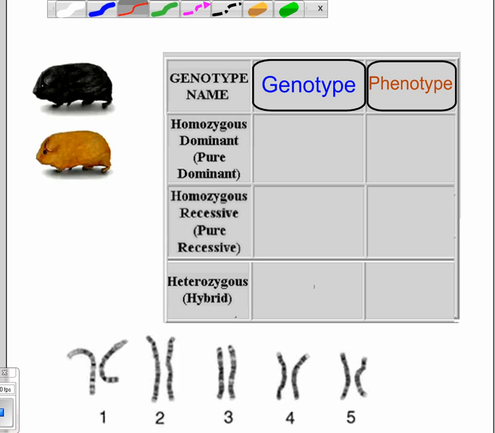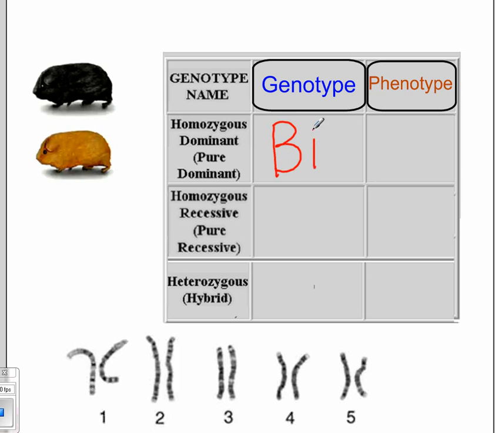So in this case, we would have homozygous dominant. Let's still use the letter B's. Dominant would be both capital letters. Homozygous, so they're both going to be the same letter. But now we have recessive. So we're going to be lowercase, both the same letters.